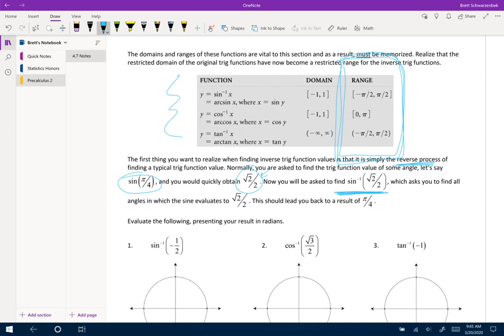This is basically asking you to find all angles in which the sine evaluates to root 2 over 2. This should lead you back to the result of pi over 4. So all it is is the reverse process of finding a very typical trig evaluation. The sine of pi over 4 is root 2 over 2, so therefore the sine inverse of root 2 over 2 gets us back to pi over 4.